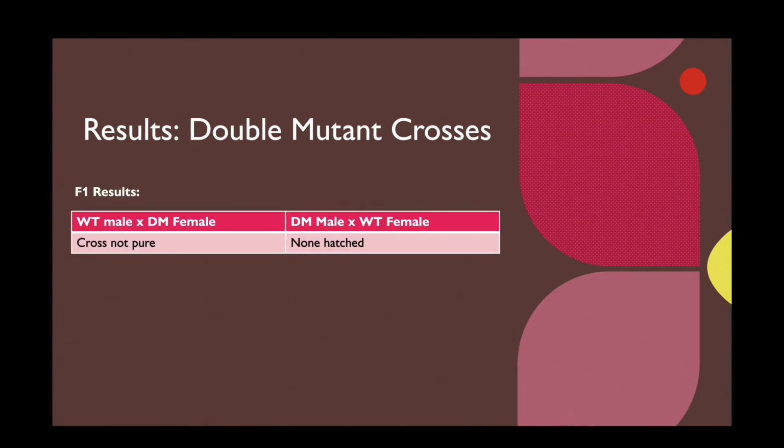We originally expected the results of the double mutant crosses of the F1 generation to be 100% wild-type phenotype. However, this was not the case. For the wild-type males and double mutant female cross, the cross was not pure. Instead of having all flies present the wild-type phenotype, flies showed the sepia-colored eye mutation gene, as well as the Apterous gene.